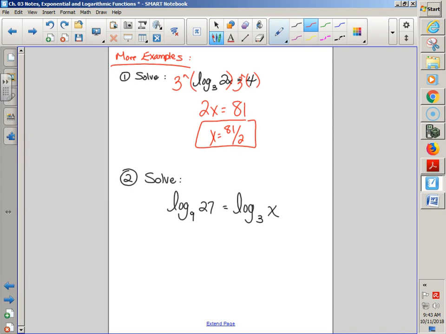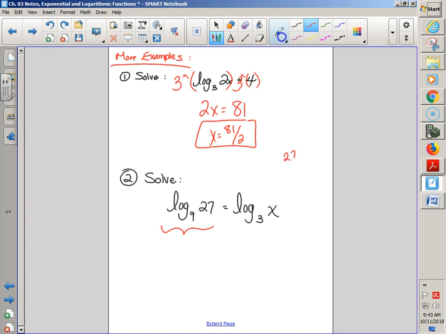What about number 2? Their bases don't match. Maybe we have to just solve this side without even thinking about that side? Because we can't do 9 to both sides. That doesn't work. We can't do 3 to both sides. That doesn't work. We can't use one-to-one. They don't match. So let's think about this side. What power of 9 is 27?